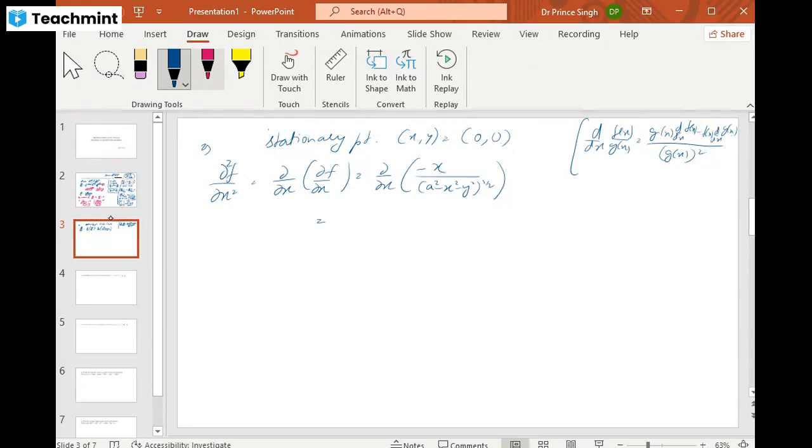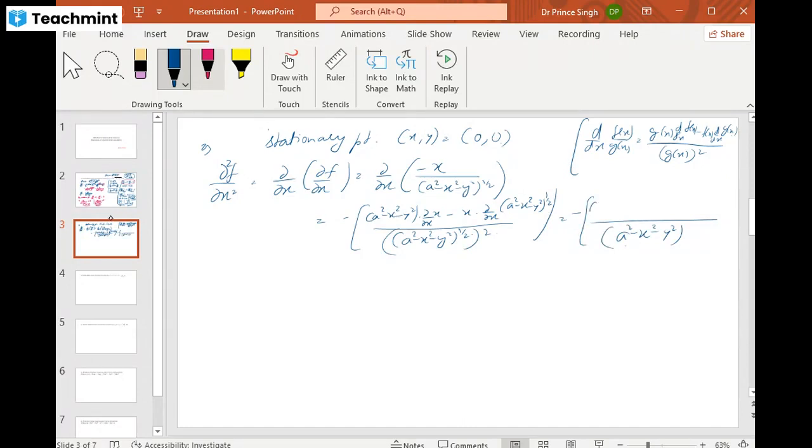So this is equal to, with the negative sign taken outside, (a² − x² − y²) into ∂/∂x of x, minus x times ∂/∂x of (a² − x² − y²) raised to the power 1/2, over (a² − x² − y²) as it is.